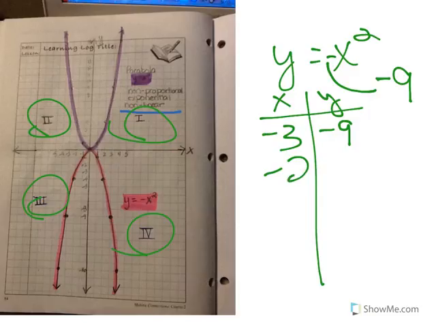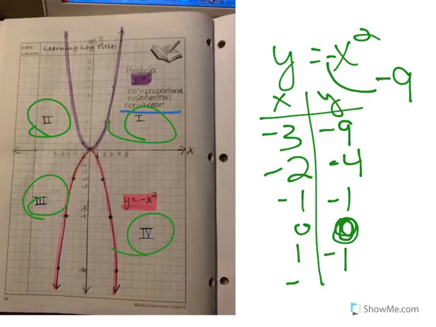So all of our negative inputs are going to result in negative outputs, as well as our positive inputs are going to result in negative outputs. And so we get the upside down U-shaped parabola. Now you're ready to look for the video on cubic functions.